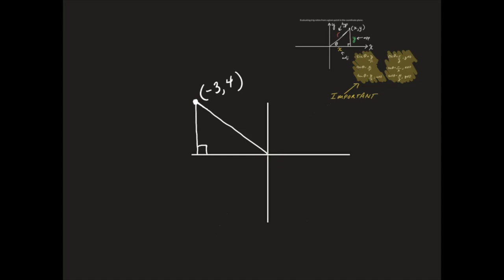Remember, the x-axis is your x value, so your x value is -3. Your y-axis that's vertical is your y value. So my vertical side is the y value, which leaves me with the hypotenuse as the r. If there's a missing side that I can't figure out on a right triangle, all we have to do is use the Pythagorean theorem.